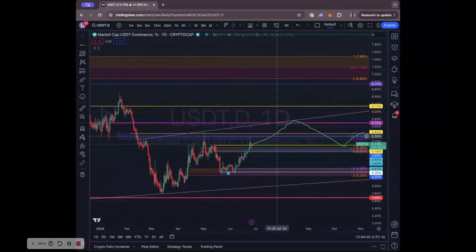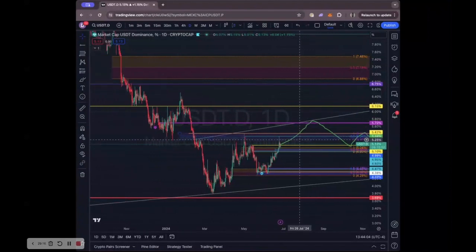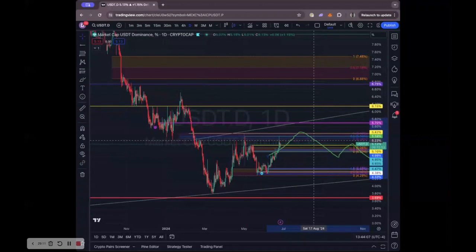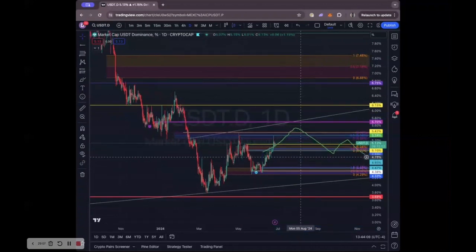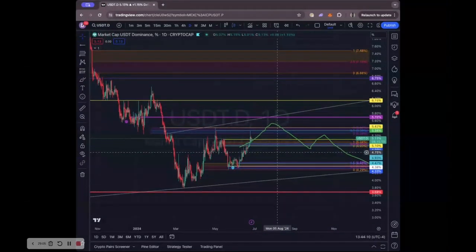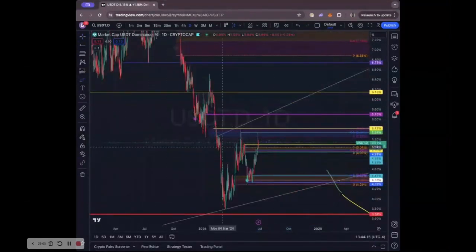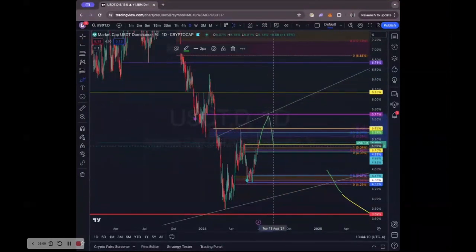If we start seeing the closure below the 5.3, then I would say we're safe for longs, and this would be like our new chart. We take this high, possibly, and then close back under.